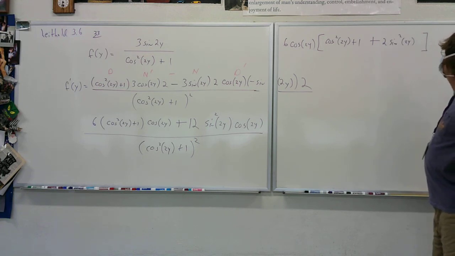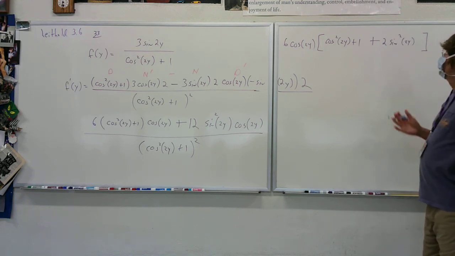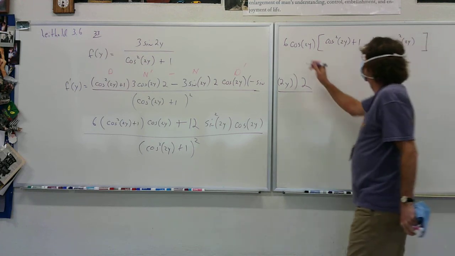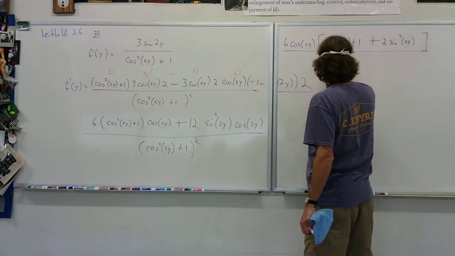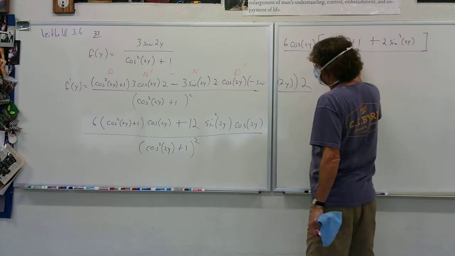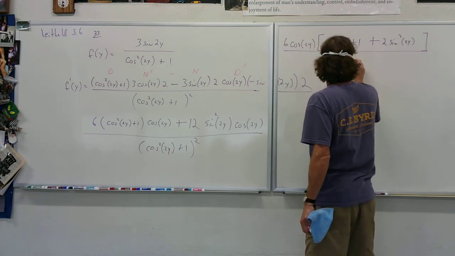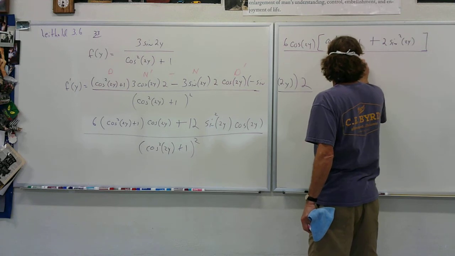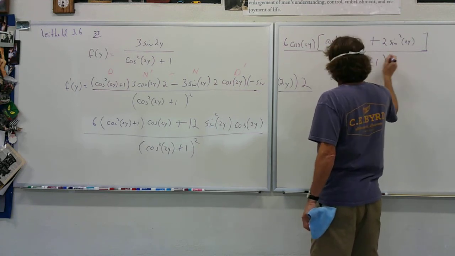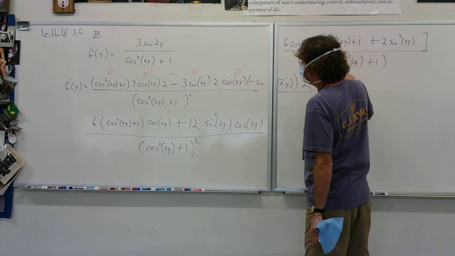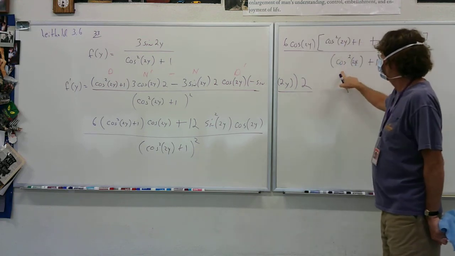Someone's saying, well, it probably should work out a little bit more. So we're going to draw our line. We're going to put our parentheses, cosine squared 2y, those parentheses plus 1. Was that one originally squared right there?